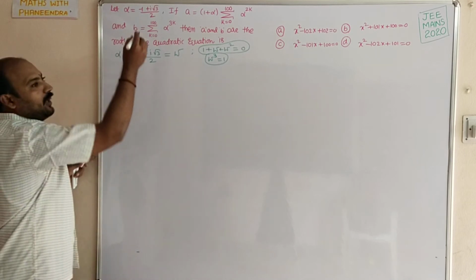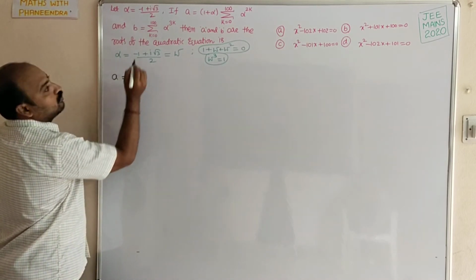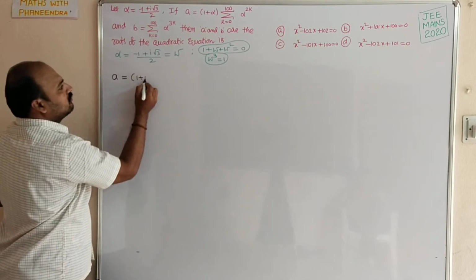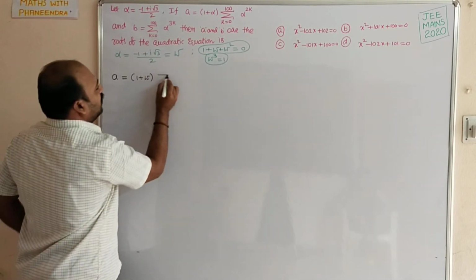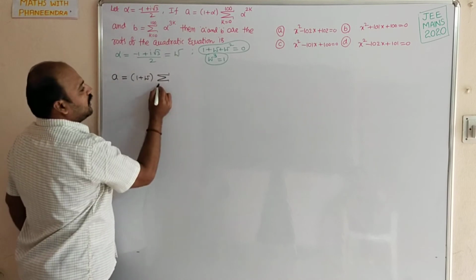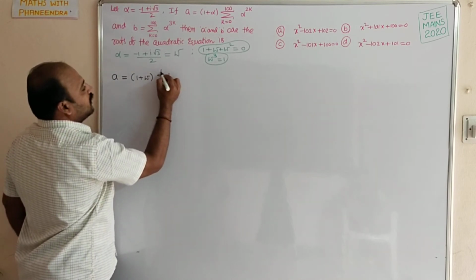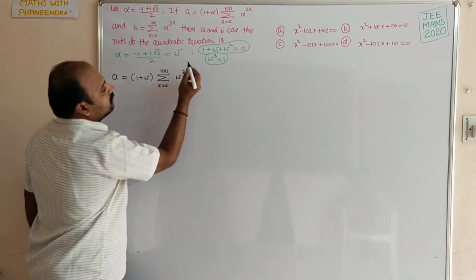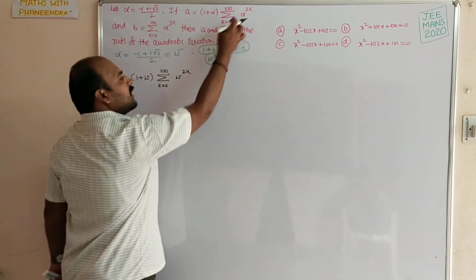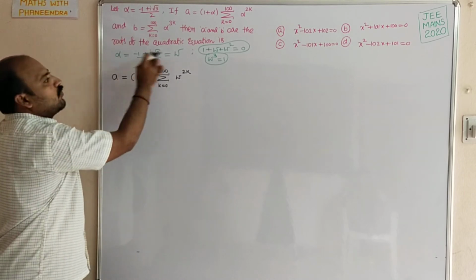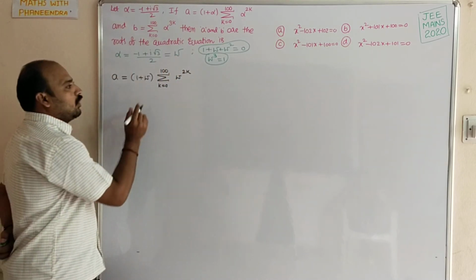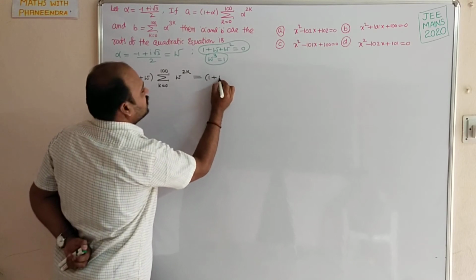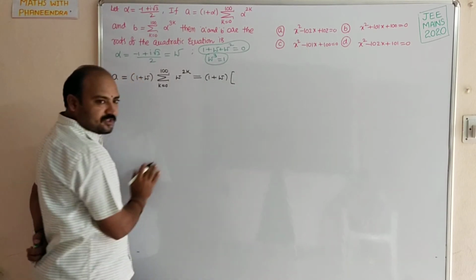The first value, A, equal to 1 plus sigma k equal to 0 to 100 of alpha power 2k. Alpha means omega. In place of alpha I am replacing with omega, wherever alpha is there, because alpha equal to omega. Now this is equal to 1 plus omega, keep bracket.